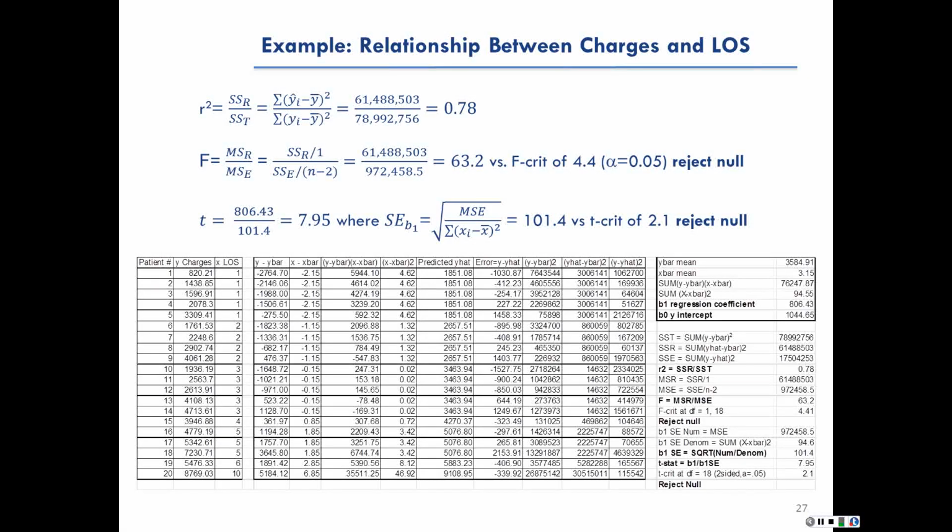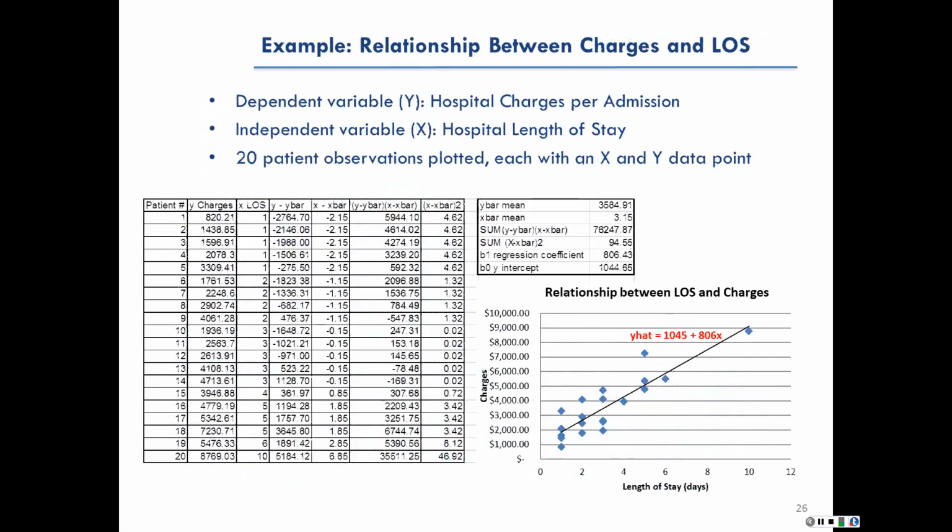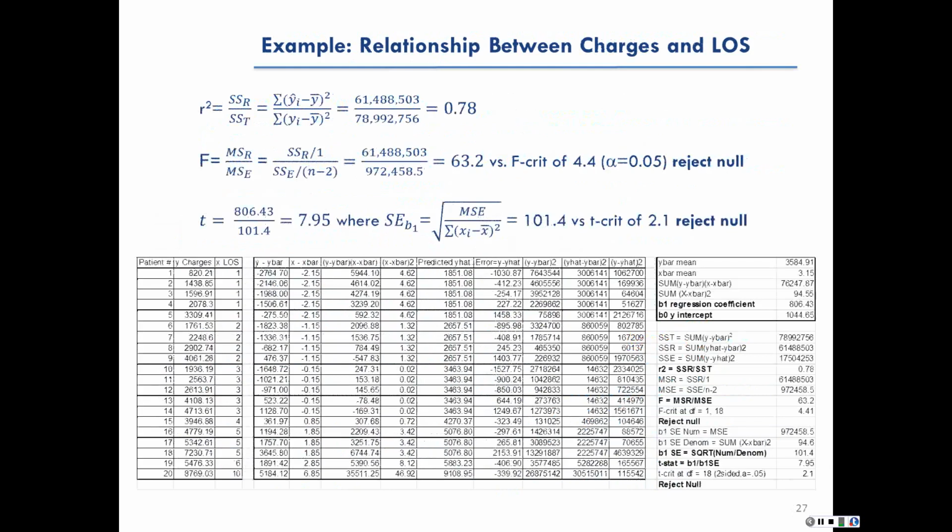That goes into the denominator of the t-statistic, and you get a t-statistic of 7.95, which is quite large. Once again, we're going to reject the null hypothesis that variable y and variable x are independent, and we're concluding that x has a significant influence on y. Next I'm going to walk you through in Excel how to actually calculate these.